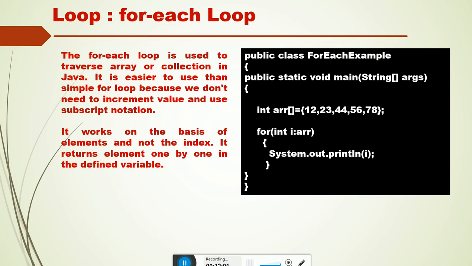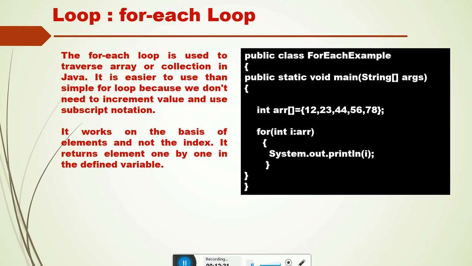Now how can you refer to each and every element of this array? For that, you can use the for each loop. The syntax is a little bit different. See here, the for is the keyword, the for loop.